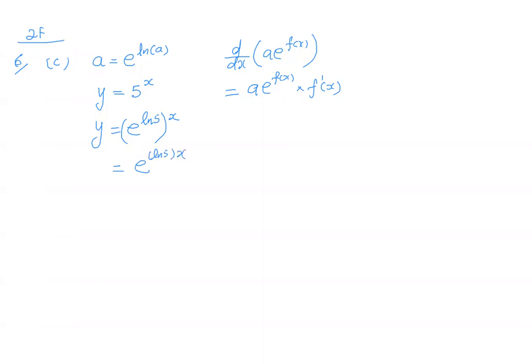So when I differentiate this, I copy down the whole thing, isn't it? That is how you differentiate an exponential term. Then you times by, okay, can you tell me what is the derivative of ln 5 times x? Can you tell me the answer?